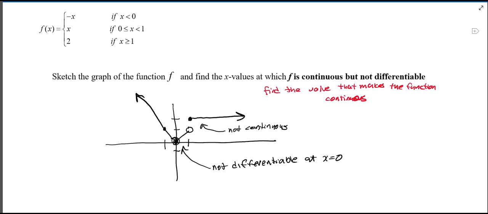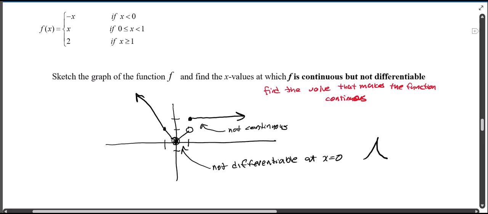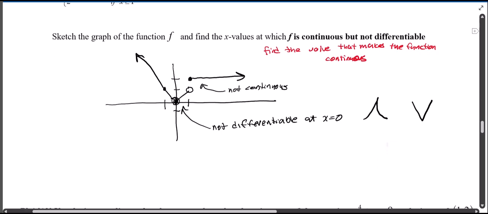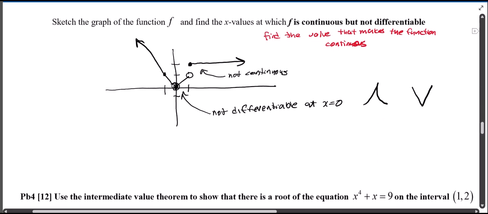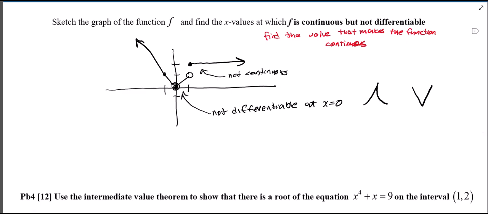So where something is not differentiable is when it has a sharp peak like that or like that will make it not differentiable. If it's not continuous, it's already not differentiable. If it is continuous, it might or might not be differentiable, but if it's not continuous, it is not differentiable.